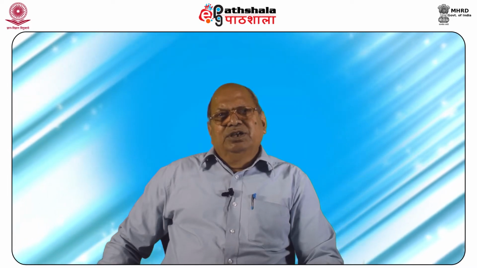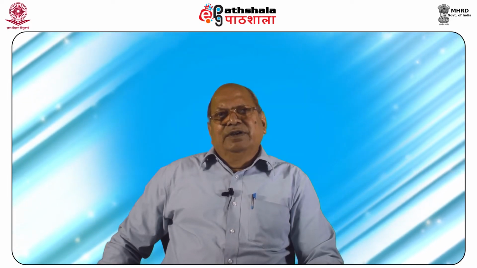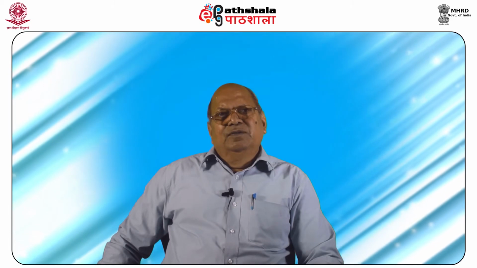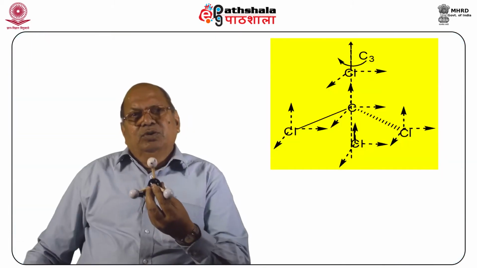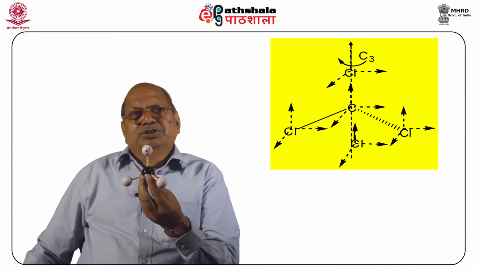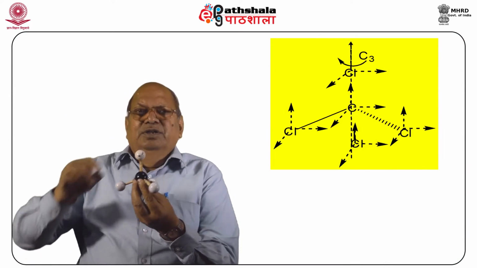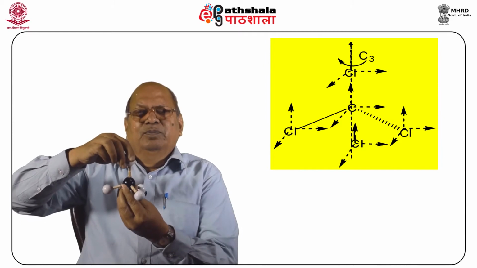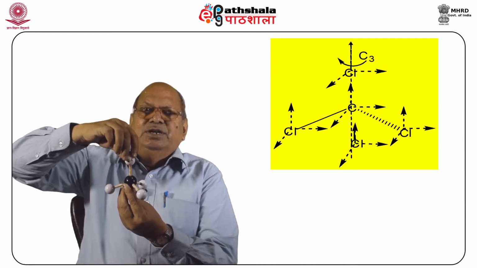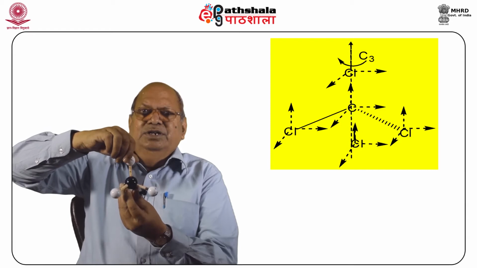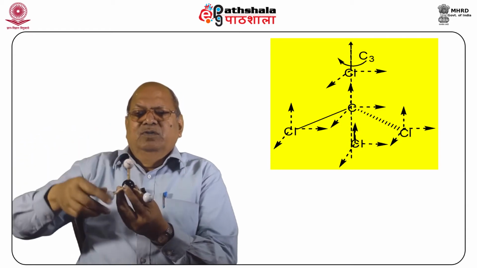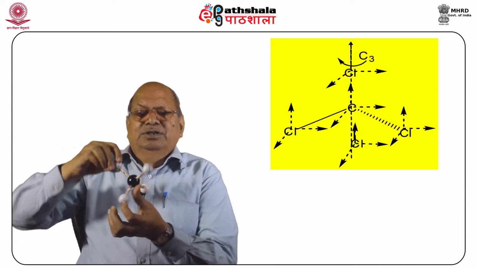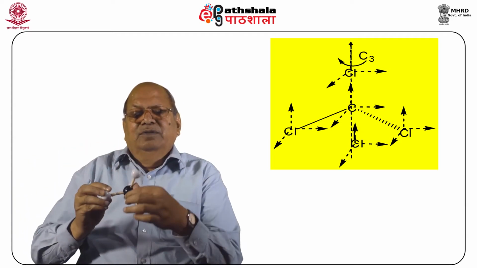Some of the symmetry elements and 3n vectors for the CCl4 molecule are shown in the figure. With the help of the model, let us show the CCl4 molecule like this. It is a tetrahedral molecule. If I take this as my C3 axis, this molecule has 4 C3 axes, one along like this, another like this, and like this.